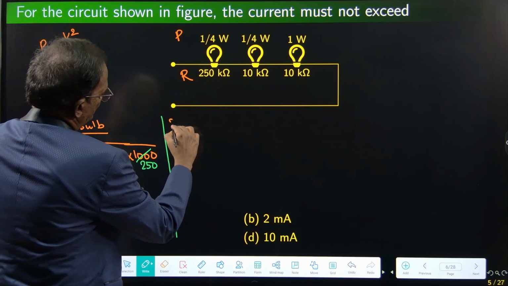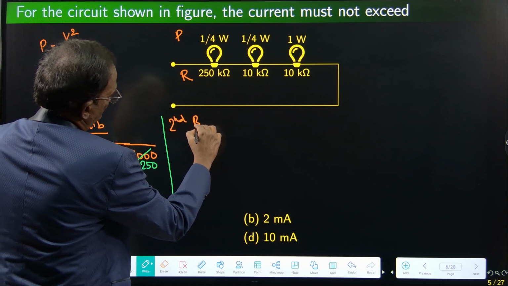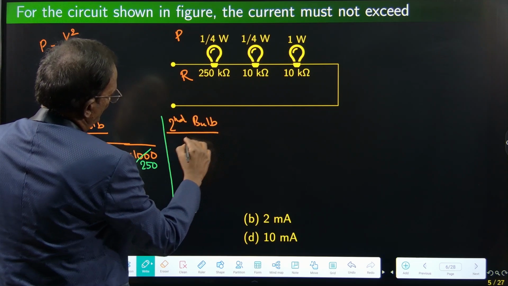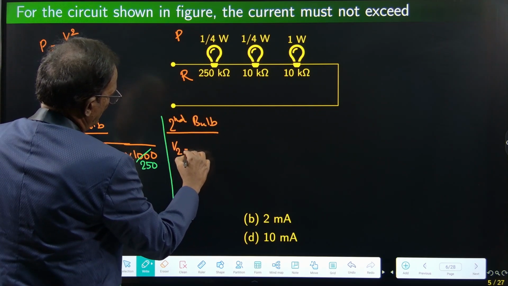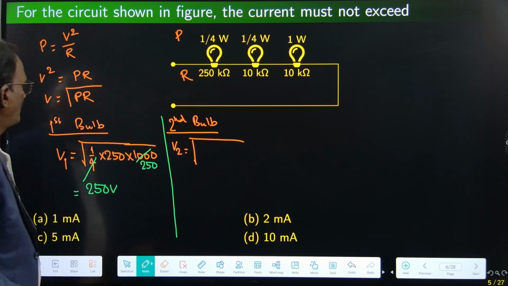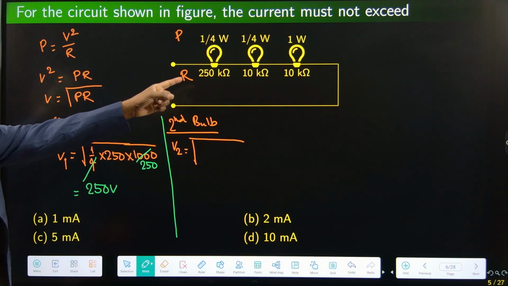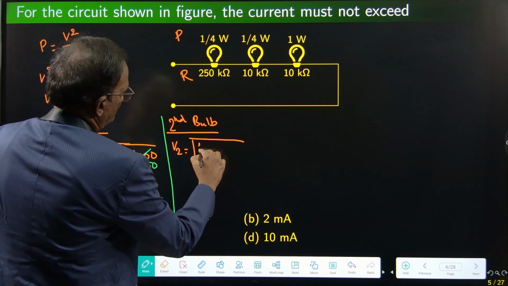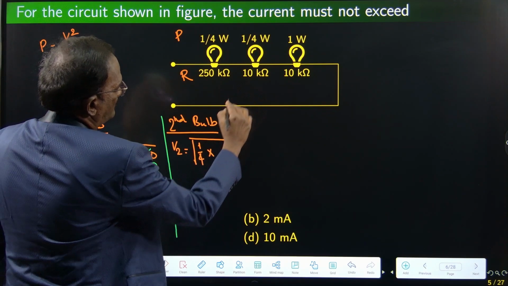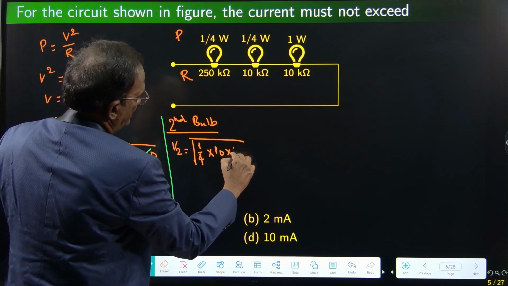Second bulb, V2 is equal to square root of P into R. P value is 1 by 4, R value is 10K, 10 into 1000.